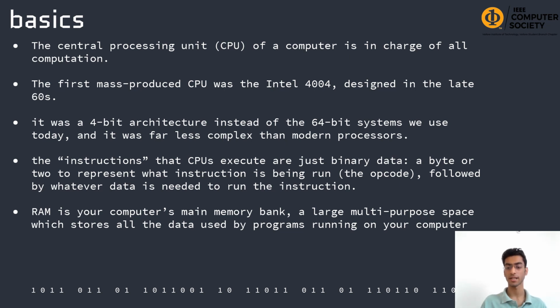It was a 4-bit architecture and had far less complexity than the 64-bit systems that we use today. The CPU can only process binary data, that is zeros and ones. So it takes in a byte or two to represent what instruction is being run, followed by whatever data is required to run that instruction.